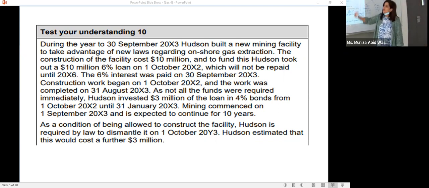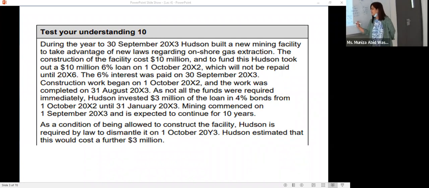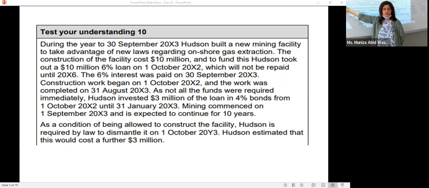They also say mining commenced on 1st September 2003 and is expected to continue for 10 years. Anyhow, we are going to look at that later. So the months are multiplied by 4 divided by 12. Is it all going to be deducted, students? Is it all falling during the construction time period? It is all falling under the construction time period, students. Our construction started on 1st October and ended on 31st August 2003. So all of this can be deducted from the capital cost since it falls under the construction time period.